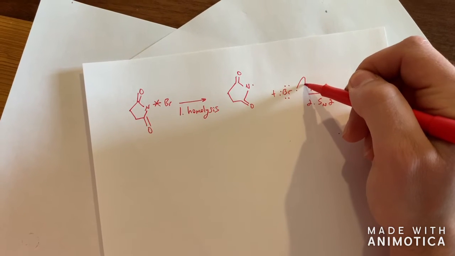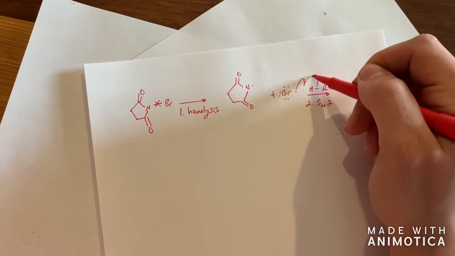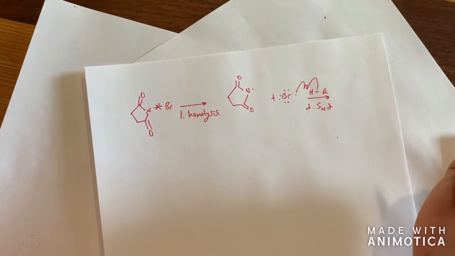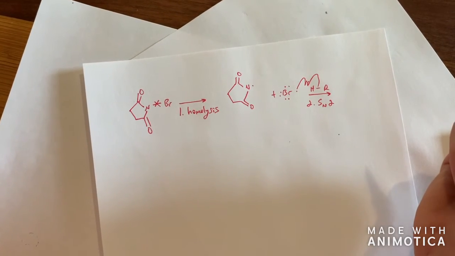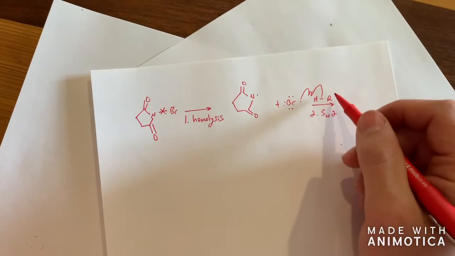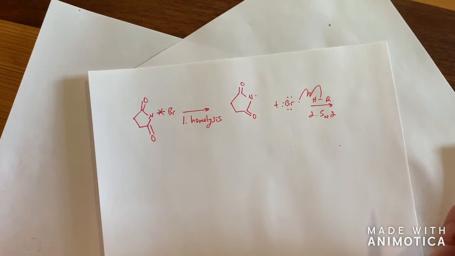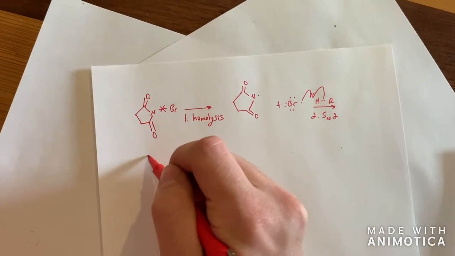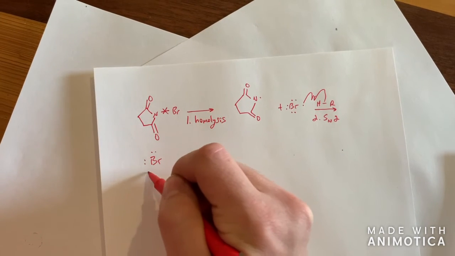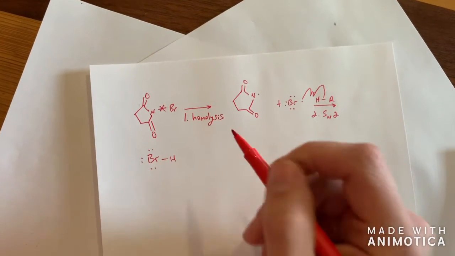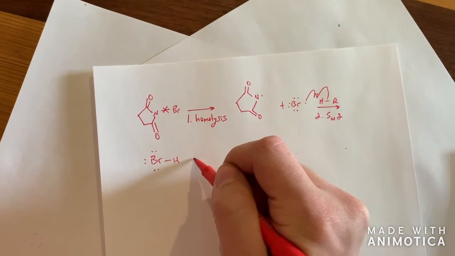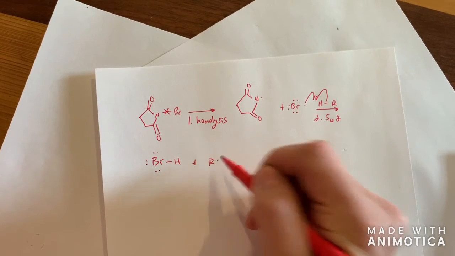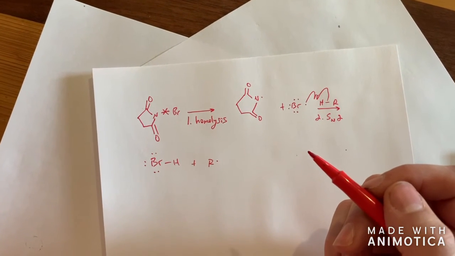We have our free radical adding there, and then that bond's going to break over here, adding the hydrogen to our bromine radical, leaving this R group with its own radical. So let's go down here and show that. And then R radical, just like that.